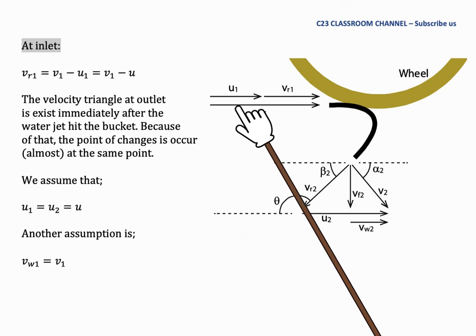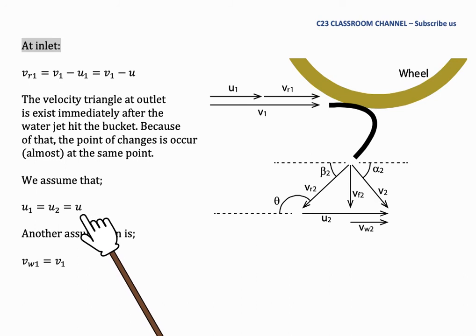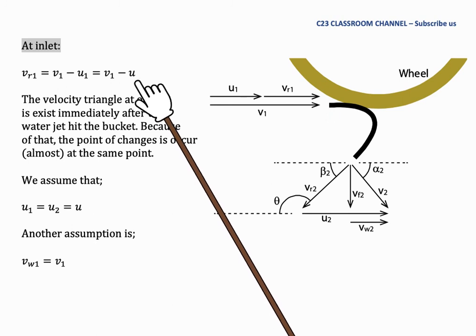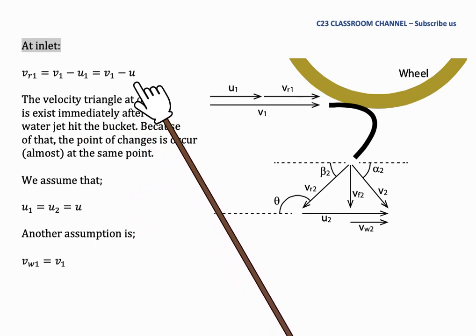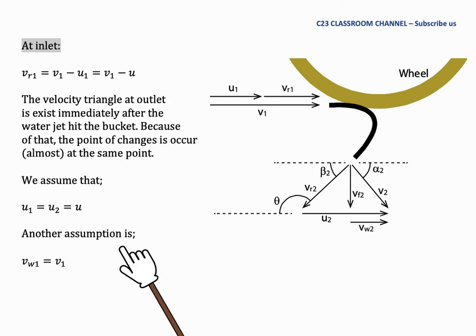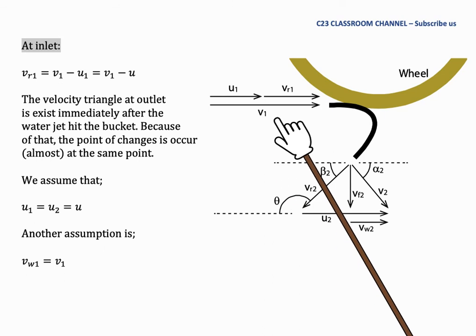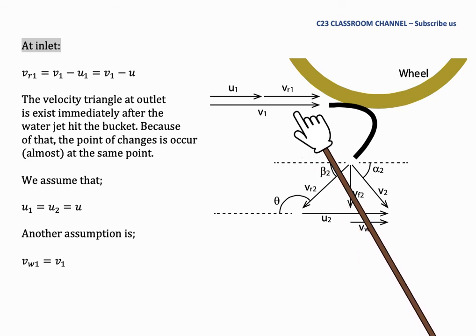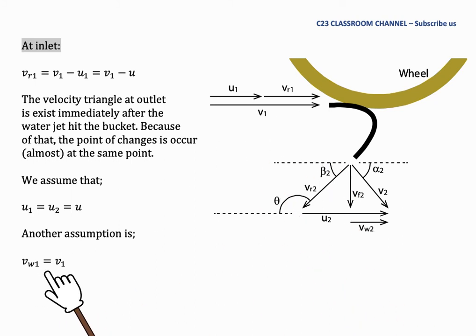So we have U1 equal to U2, and we assume it is equal to U. So we could rewrite our equation as VR1 equals V1 minus U. And another assumption for the inlet: because we don't have any VF1, velocity of flow, we assume that VW1 is equal to V1.